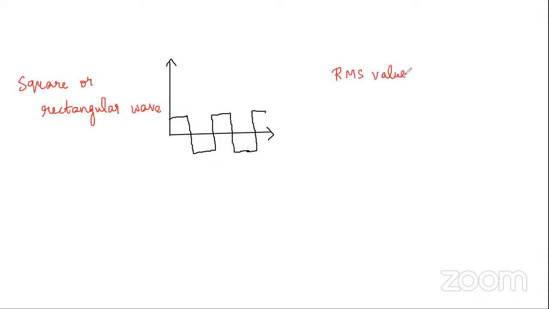RMS value is nothing but I naught. Okay. So in all these graphs, you are having current along the y-axis and time along the x-axis. You should remember that. So RMS value equal to I naught here, and average value or mean value is also I naught. Okay.